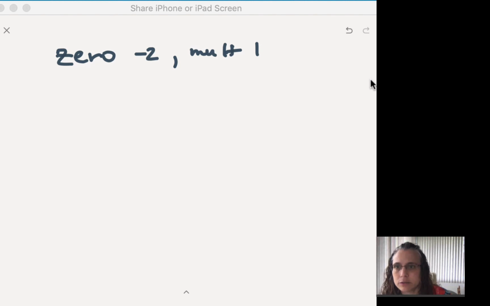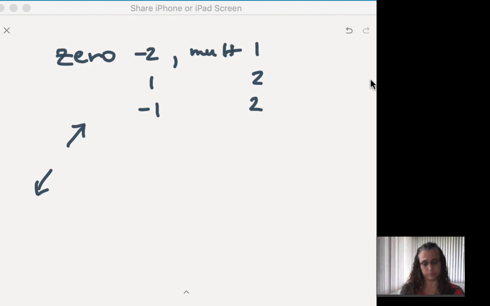And we had a 0 of 1 that had multiplicity 2. And we had a 0 of -1 that had multiplicity 2. And we know that the left arm is going to fall and the right arm is going to rise.